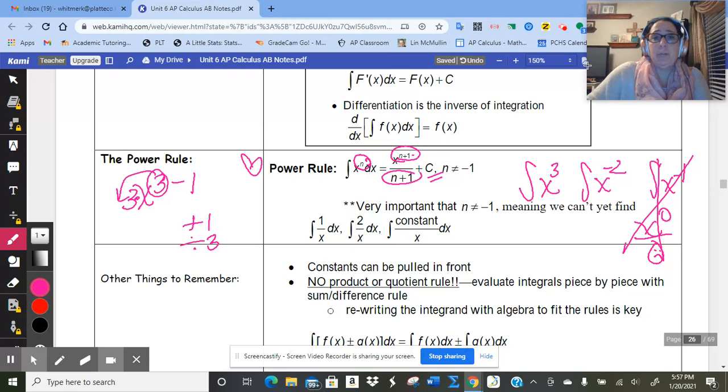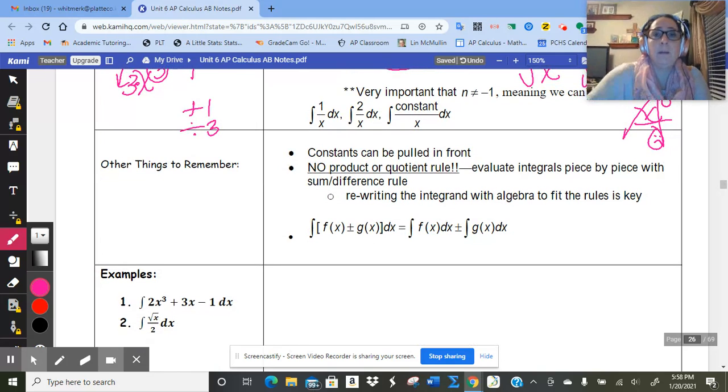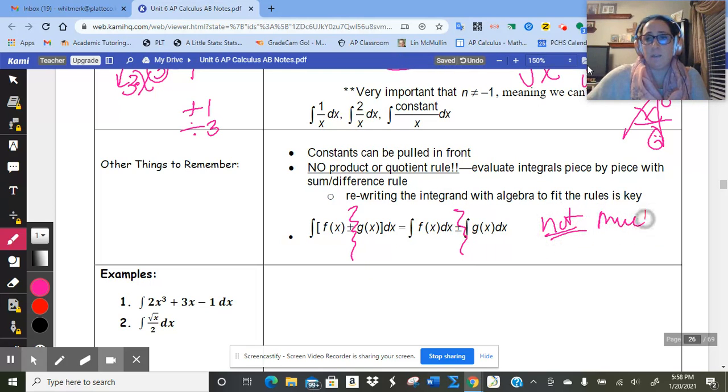But with any other number up here, I get to use this power rule. And don't forget, rewrite as the power rule whenever you can. We have talked about this before, that we can separate through addition and subtraction, but not multiplication or division. No, no, no, no, no.